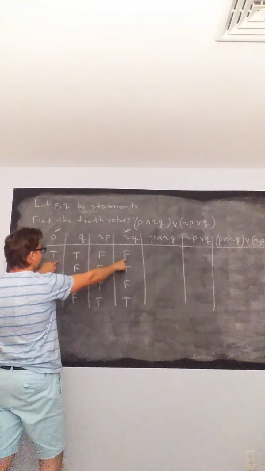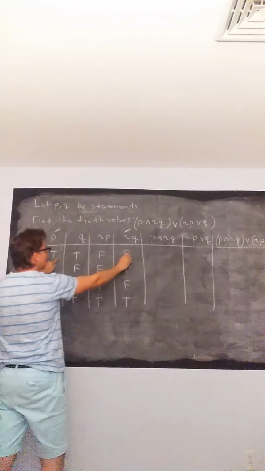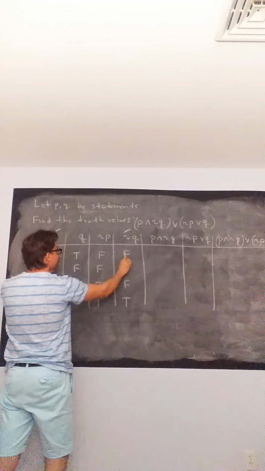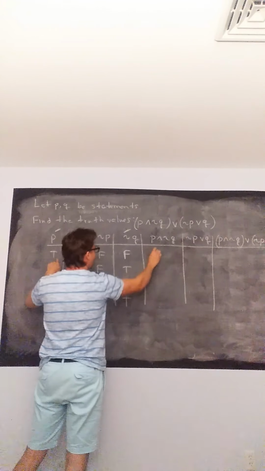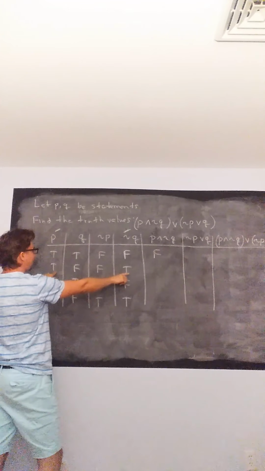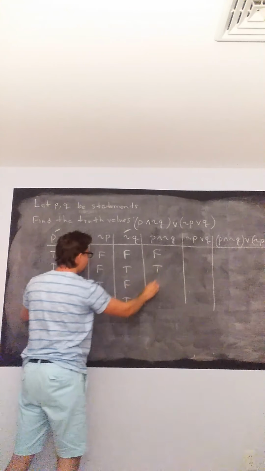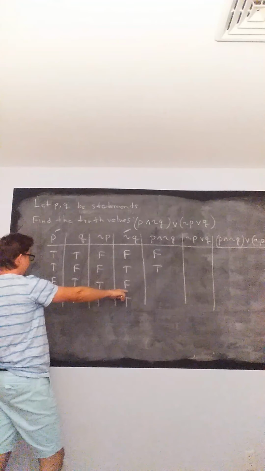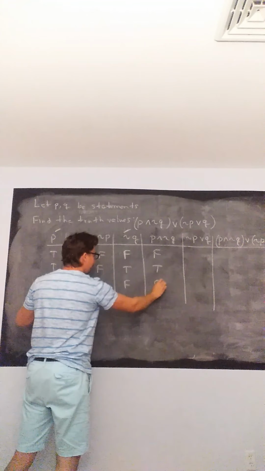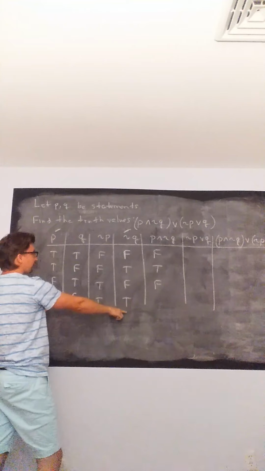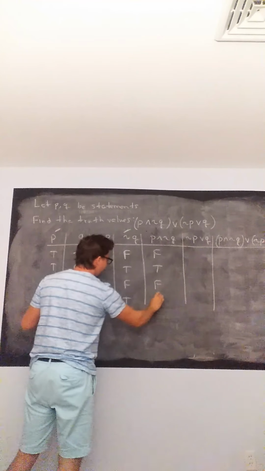So here we go. We have a true and a false, so that means it's going to be false. You have a true and a true, so it's going to be true. That's the only time that happens. If you have 2 falses, that's false. And you have false and true, so it's going to be false.